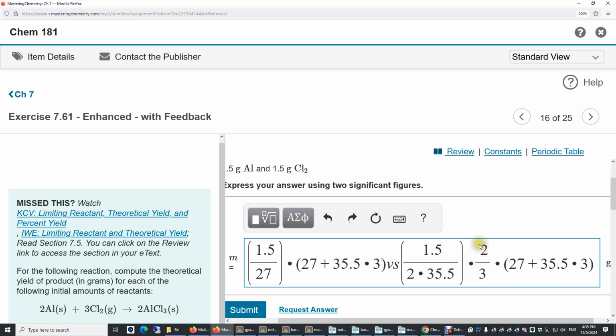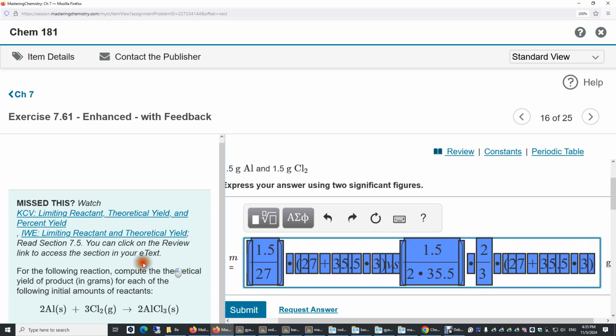Which is smaller? I think this is smaller, because over here you have 1.5 over 27 and this is 1.5 over 71. So this number is smaller already, and then multiply by 2/3, so it's even smaller than that. So I think the second expression is the correct answer.